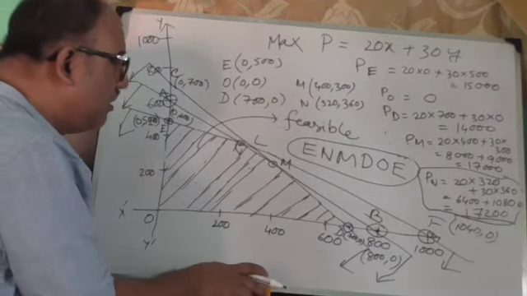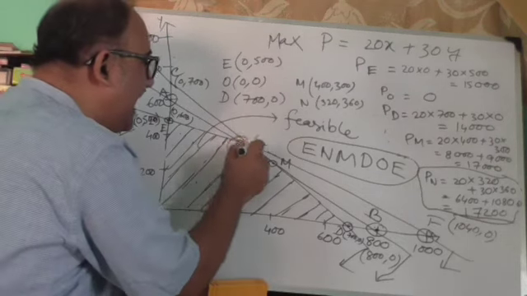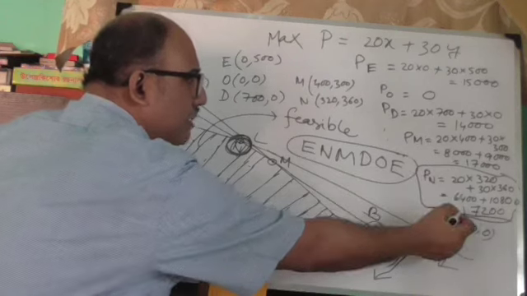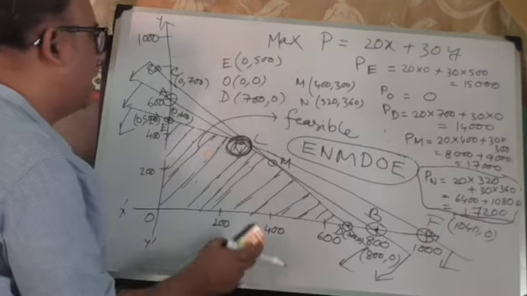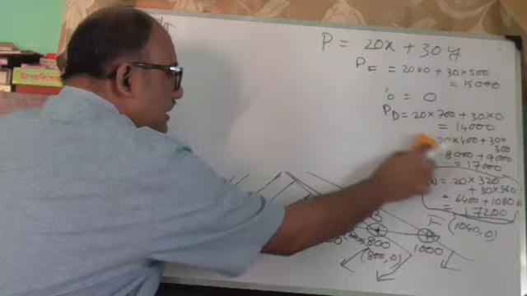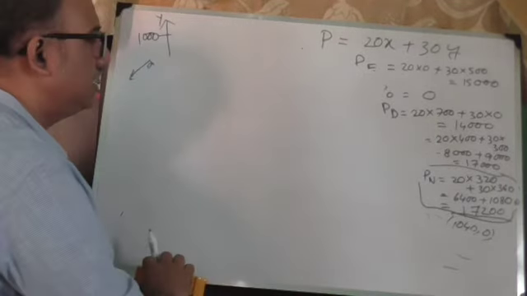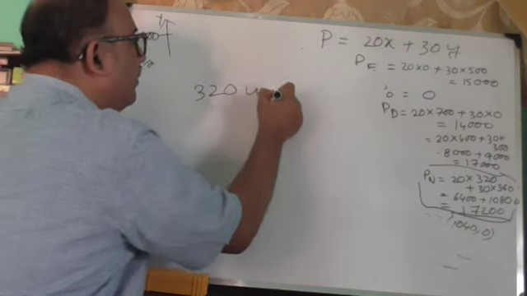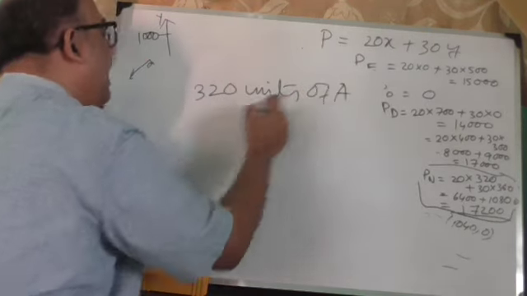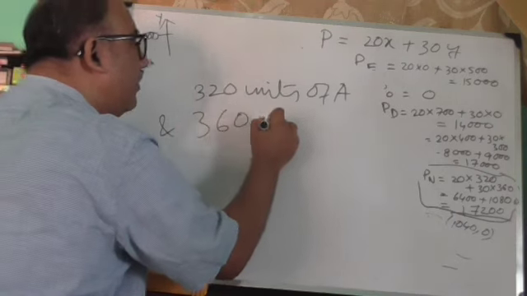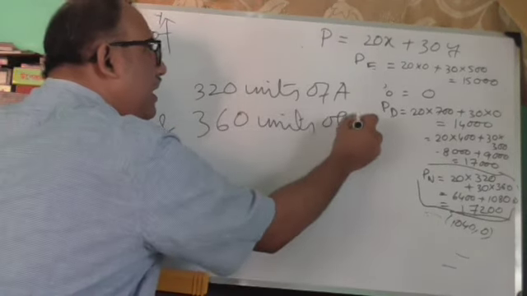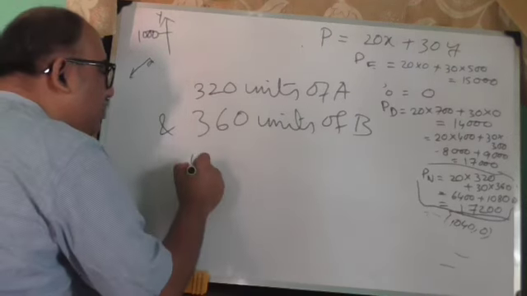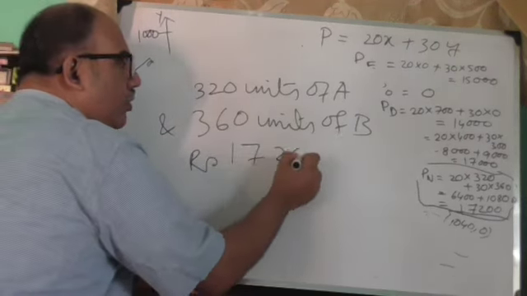So this point N gives you the optimum, which in this case is the maximum, that is 17,200. So finally we write the answer: hence the company will produce 320 units of A and 360 units of B, and those units will be sold in the market to obtain the maximum profit of rupees 17,200.